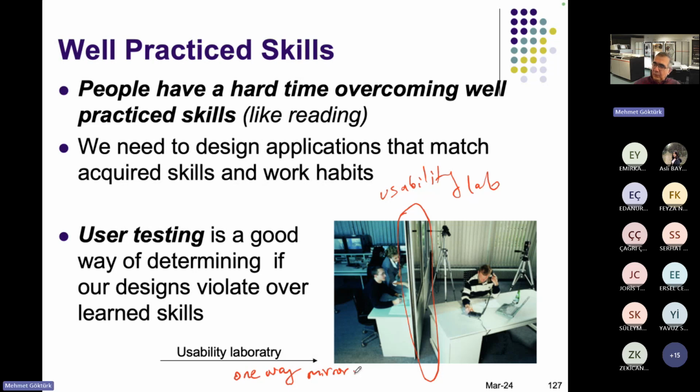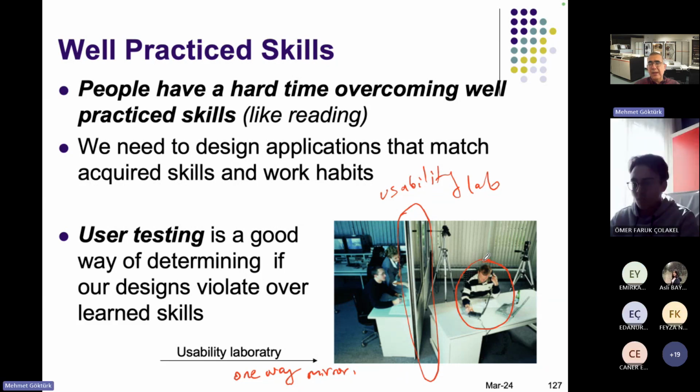The idea is to give tasks to users, observe them, record the performance, and try to understand the correlation between the actions and the results. So concepts like ease of use, what is easy, what is hard, must be measured.